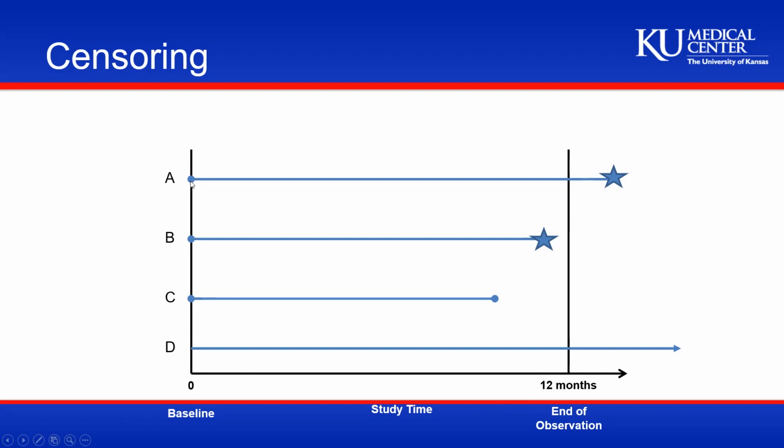So participant A receives therapy whenever they enter the study, and at study termination after 12 months of observation, they're still event-free. So their survival time would be 12 months, and they would be censored, indicating that they survived or remained event-free for at least 12 months, because I'm not able to actually record this.